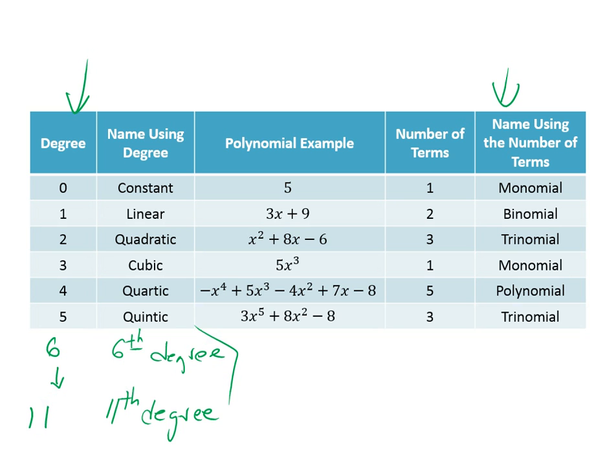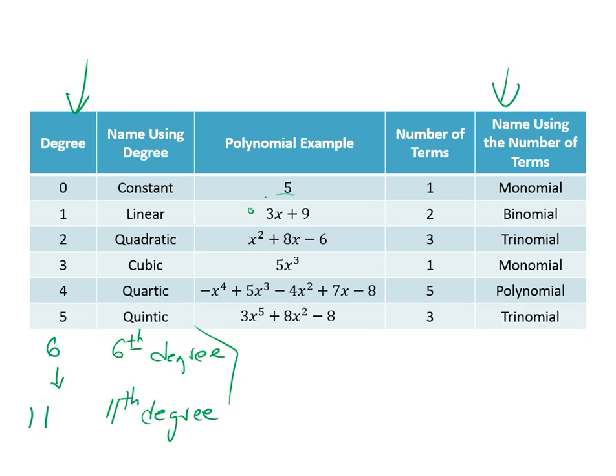Now the other way is naming it by the number of terms that is in it. So the very first one, you see there's only one term. There's nothing being added or subtracted. That's called a monomial. So if it's only one term, it's a monomial. Now if you look at this next one, the linear function, it's got two terms. Well, a bicycle has two wheels, so we would call this a binomial.